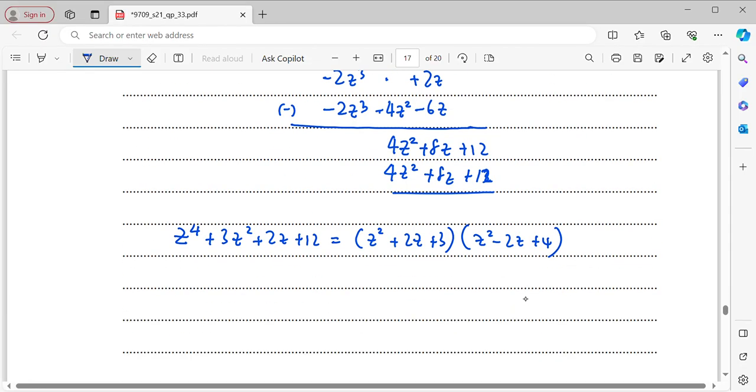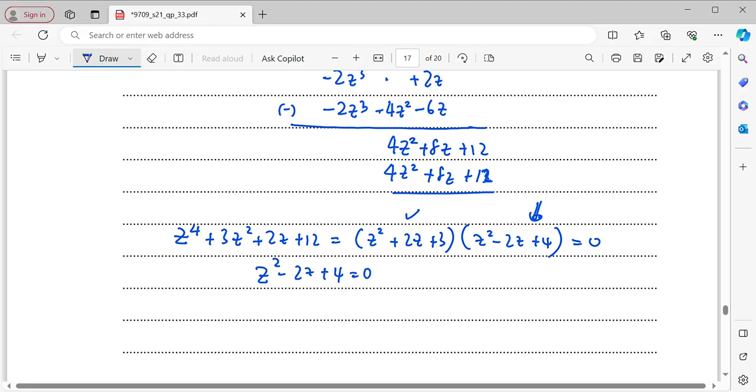And I let this be 0 because we are solving equals to 0. So what I need to do is I just solve this part because we have found the roots from the first factor. So z squared minus 2z plus 4 equals to 0.